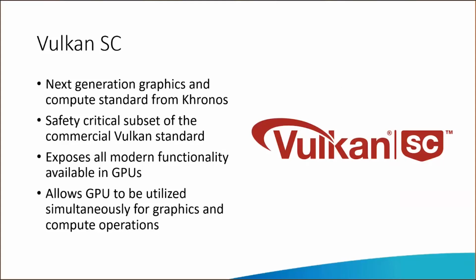And so a lot of advanced features that exist in hardware today aren't available in those standards, such as compute shaders, tessellation shaders, object shaders, and they haven't been added to the standard, whereas Vulkan Safety Critical does expose this modern GPU functionality to the application so we can take better advantage of GPUs that exist today.